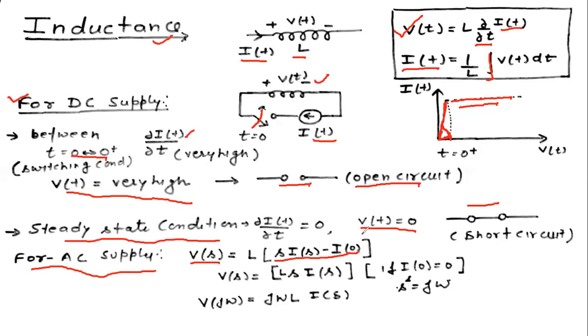If we take the initial value of current across the inductor as 0, then the voltage across the inductor V(s) becomes equal to L s I(s). Now if we put the value of s as j omega, V(j omega) is equal to j omega L into I(s).